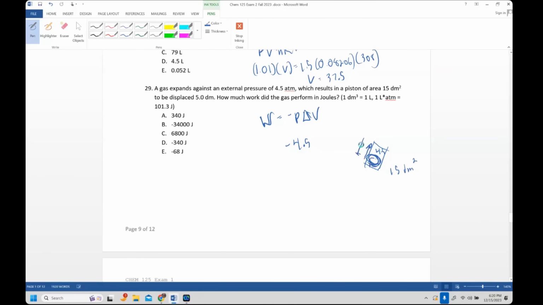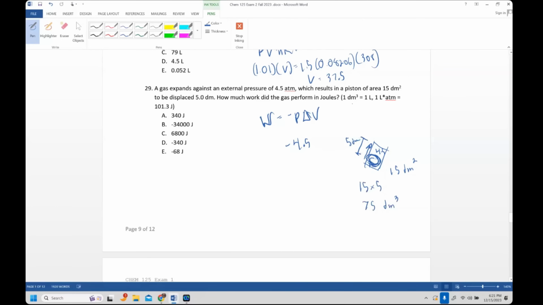So that means this distance is 5 decimeters. To figure out the volume, the volume of a cylinder is the surface area times the height. So it would be 15 times 5, and that's 75 cubic decimeters.